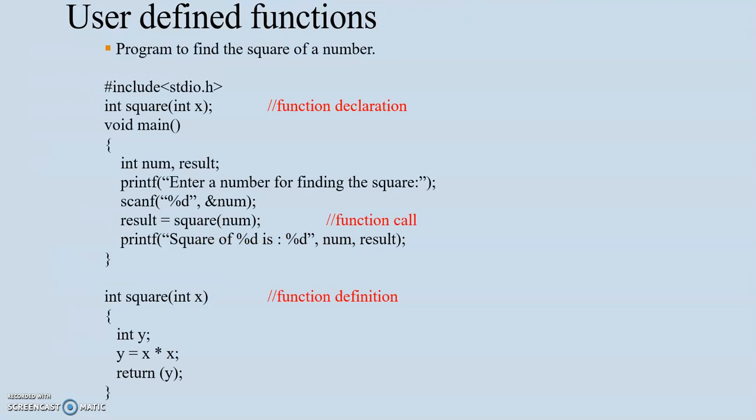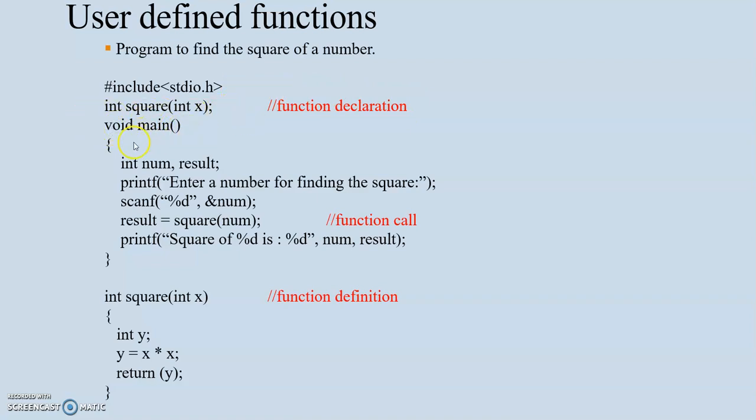Moving on to the user-defined function. Here the program is to find the square of a number. Here I haven't included more header files other than stdio.h, as I'm going to use printf and scanf only. The declaration of the function is a must.